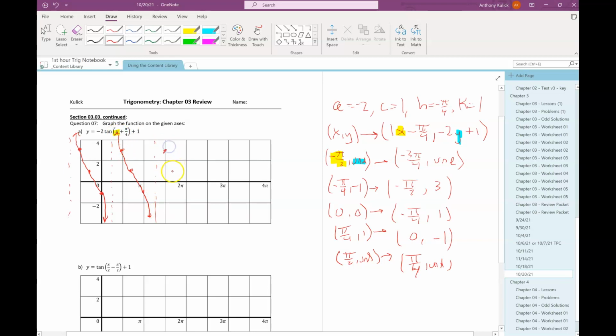Does that feel okay, Lily? Yeah. Just following the same pattern, right? Like on the line at 3, in the middle at 1, on the line at -1, in between asymptote.